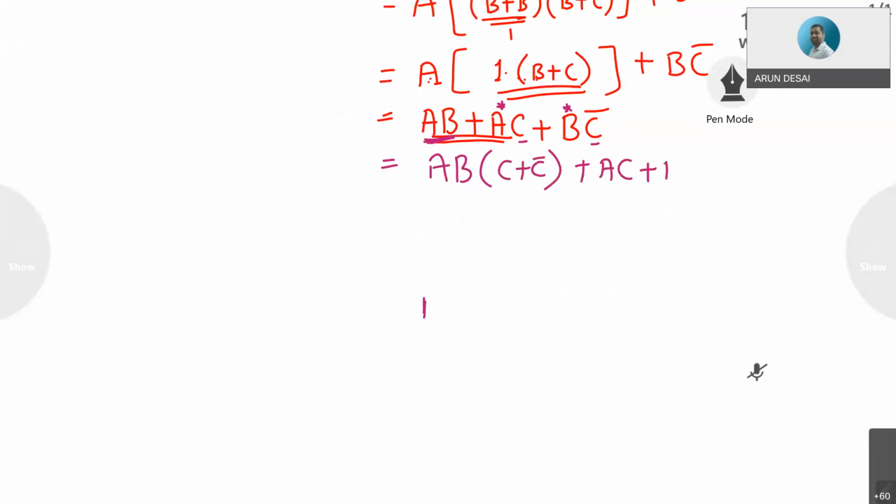AC plus B C complement. This is called the included factor theorem or consensus theorem. ABC plus ABC complement plus AC plus BC complement, right? So there is a common factor between those terms.